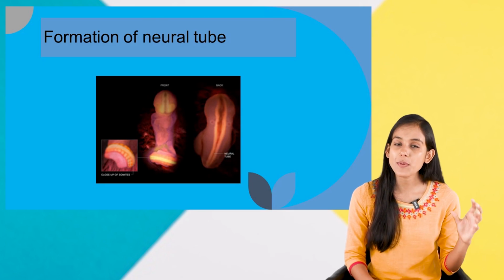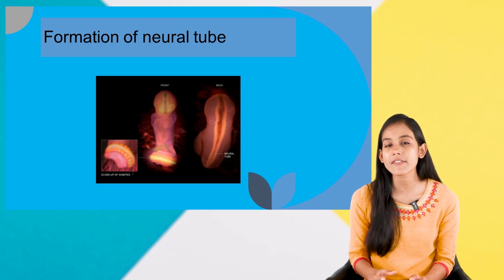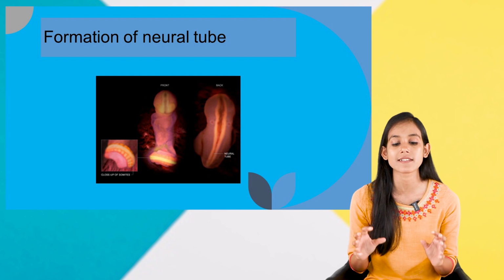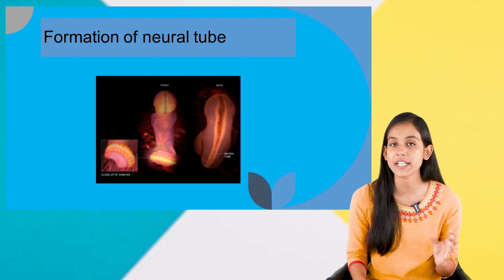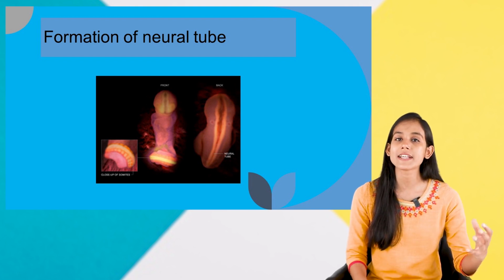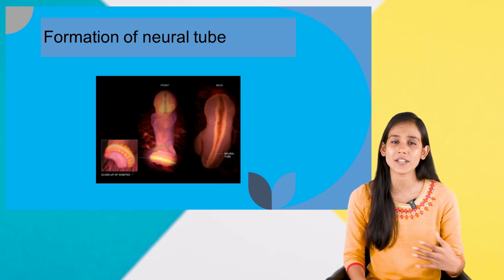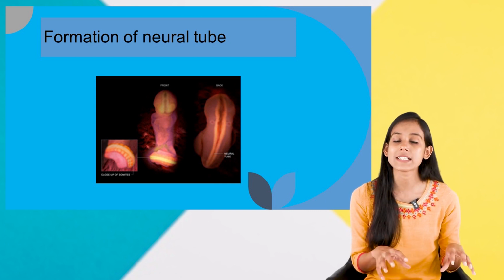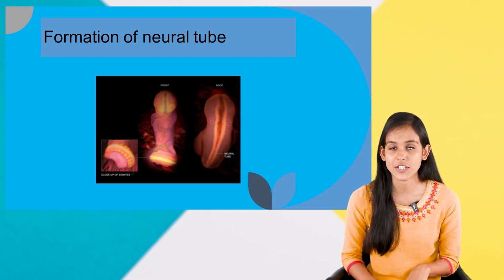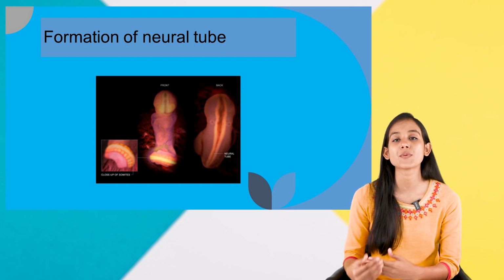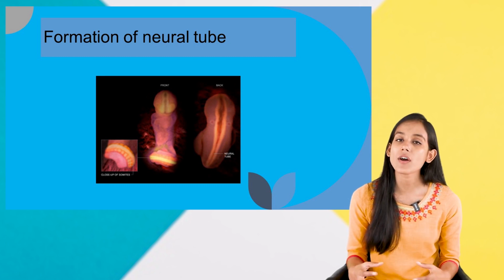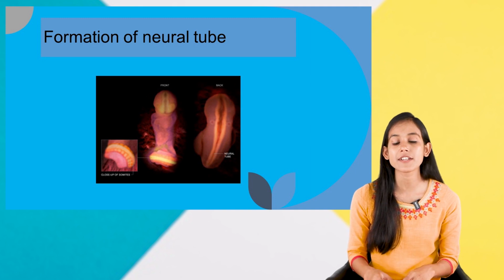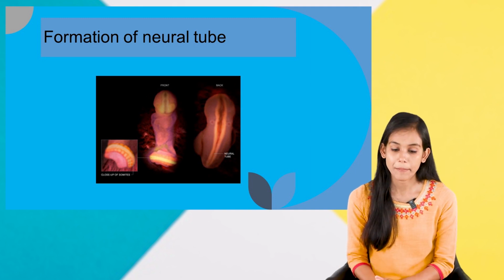So the neural plate appears on the 17th day of gestation as a thickening of the embryonic ectoderm. You can understand how early it is in the intrauterine life. On that day, the neural plate appears. And then on day 18, the neural plate folds along the midline.